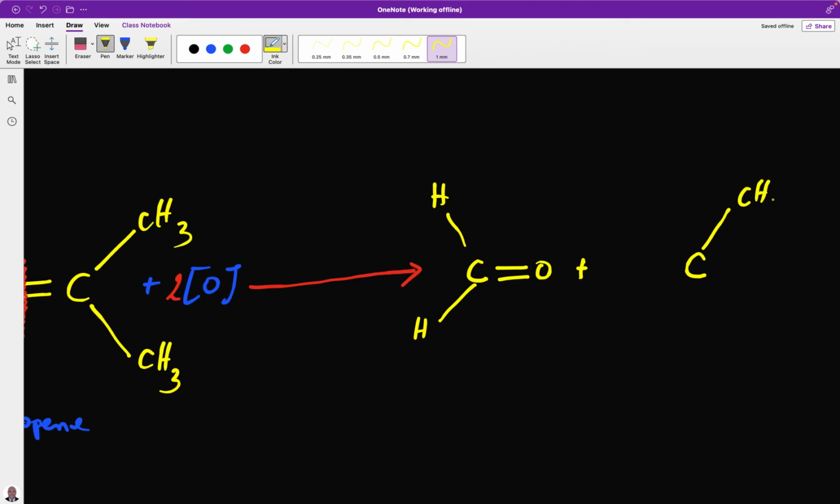You will have this, and you will also have this. These are the 2 oxygen atoms.